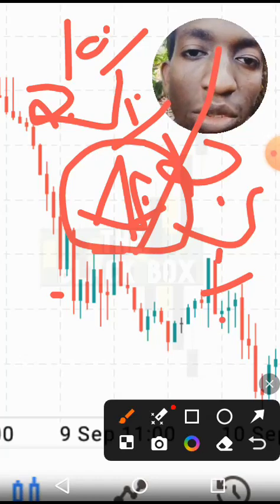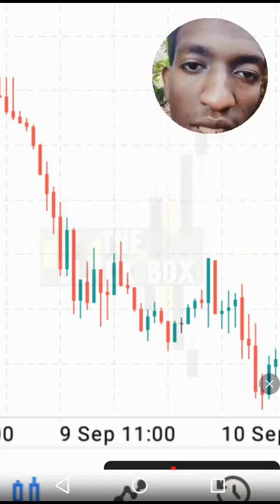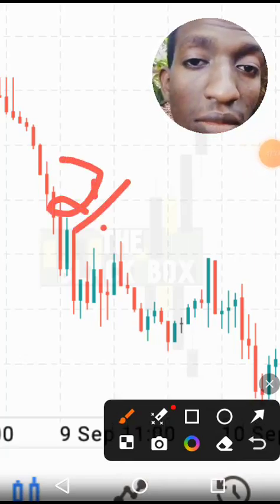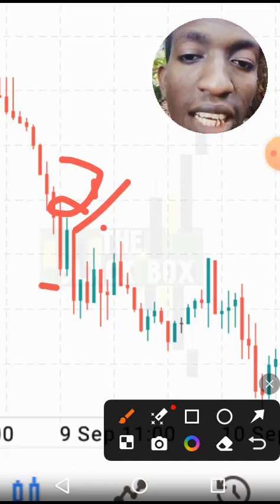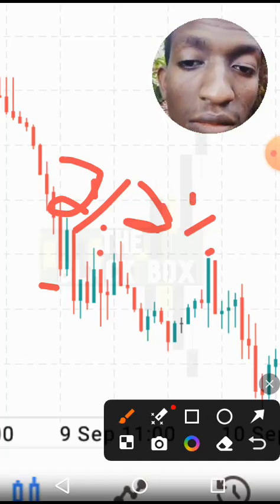So that might not be good. So sticking to maximum 2% on the break, and another 2% on the retest.